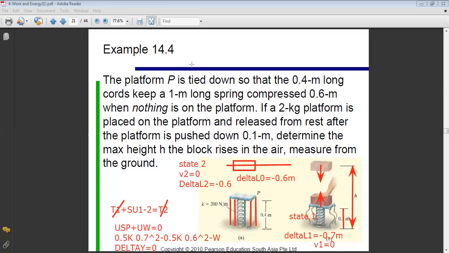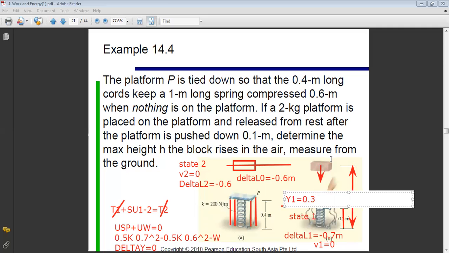Delta Y is the change in vertical position. At the initial state, this is Y1. What is Y1? It's 0.3. So I will write here Y1 is equal to, if I take the ground as my reference, 0.3.